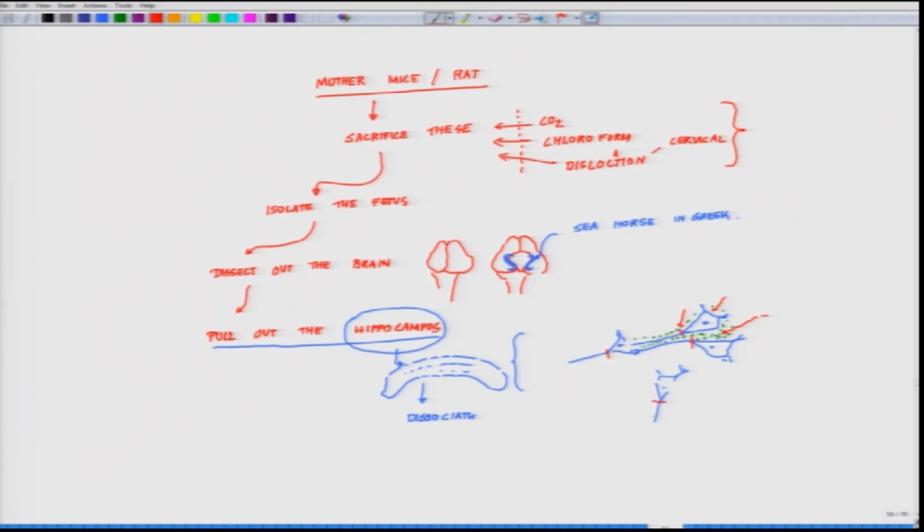So, what you will be getting as a single cell suspension, most of them will break, you will be getting these individual cells, and this is called single cell suspension. Now, how you are going to do this, you have to realize that your options are two.